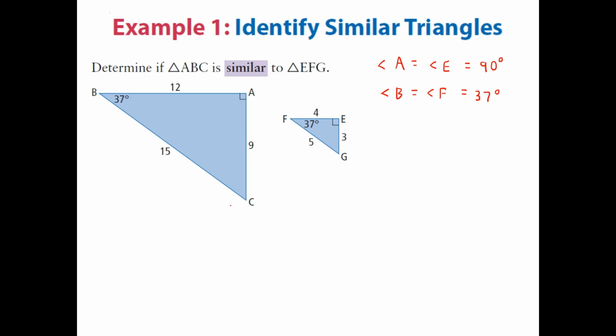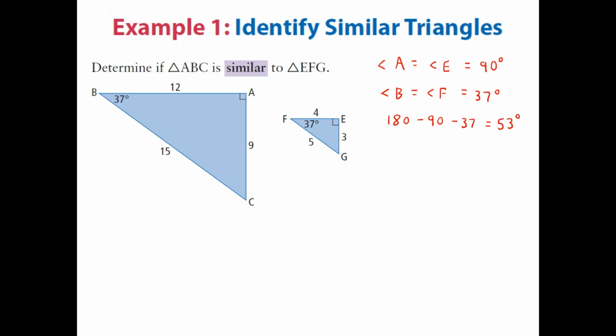Now, what about angle C and angle G, the last angles in a triangle? Normally for checking angles, if you know that two different corresponding angles in a triangle are equal to each other, you usually don't have to check for the last one, because all angles in a triangle add up to 180. If I'm looking for angle C, I can simply subtract 90 degrees and subtract 37 degrees from 180, and I end up getting 53 degrees.